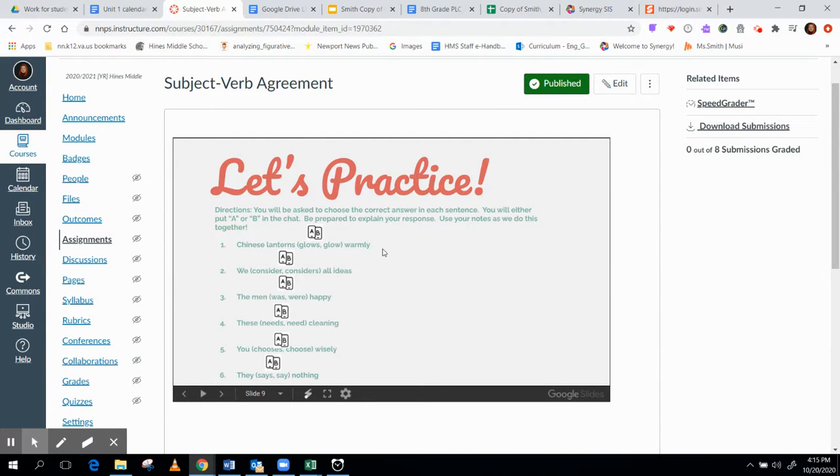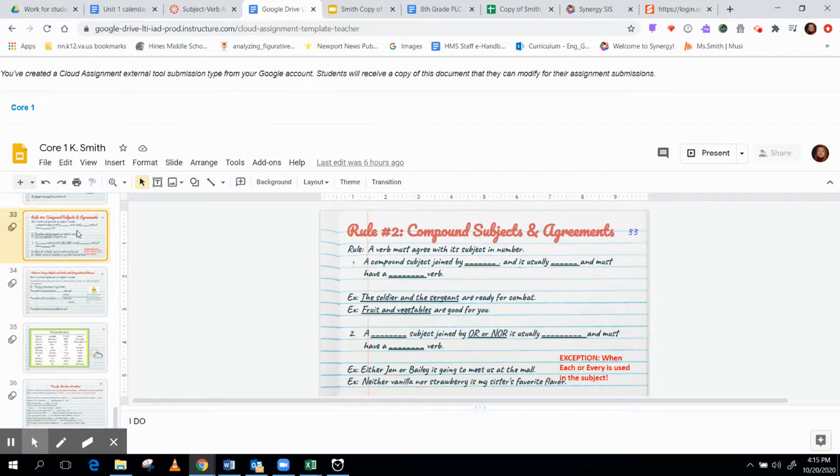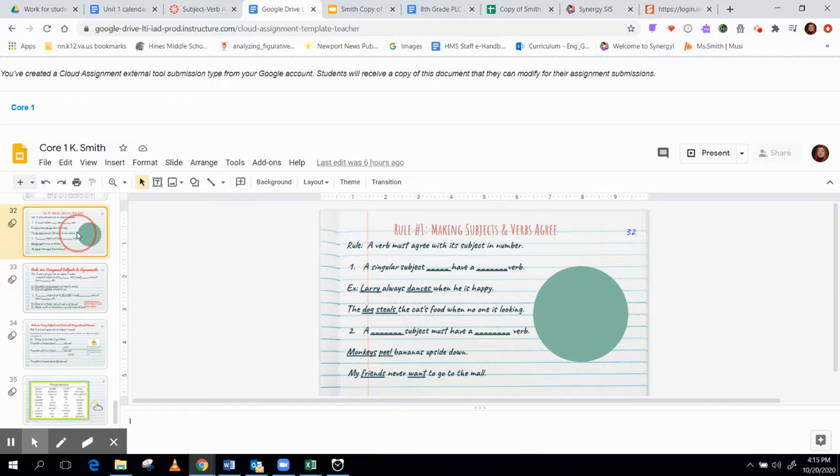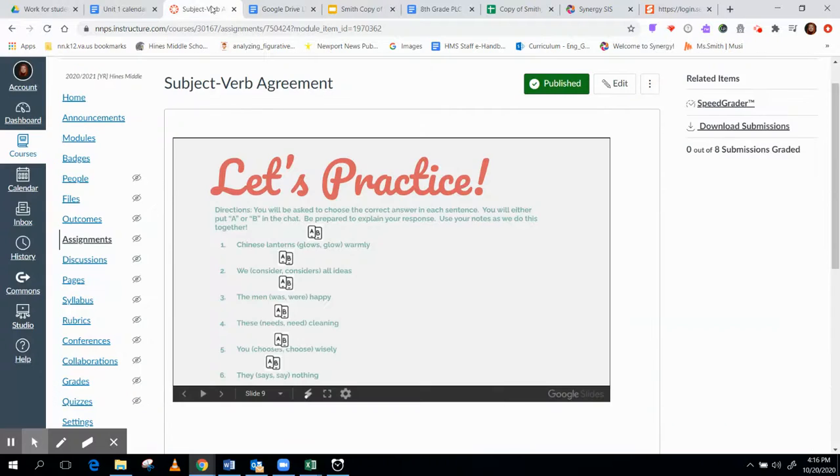So remember, a plural subject needs a verb that does not end in S. A singular subject will use a verb that does end in S. So refer to your notes in your interactive notebook to guess what the answers are.